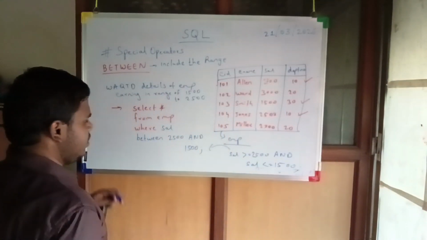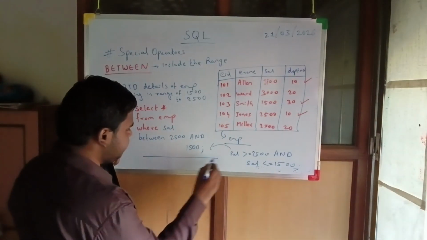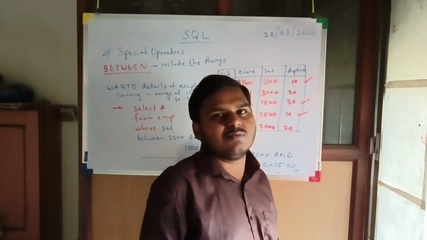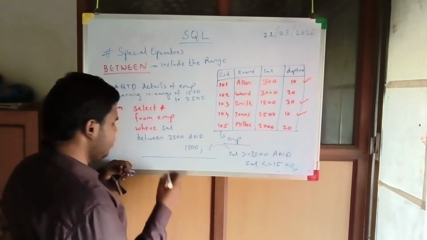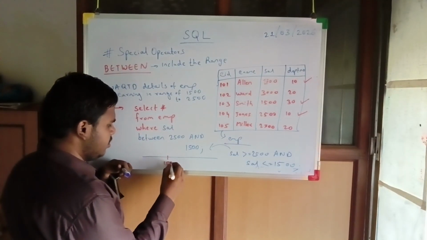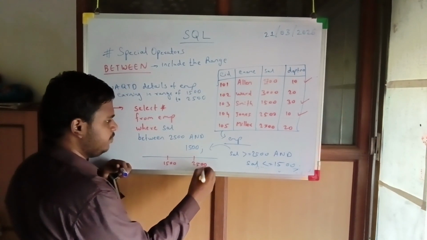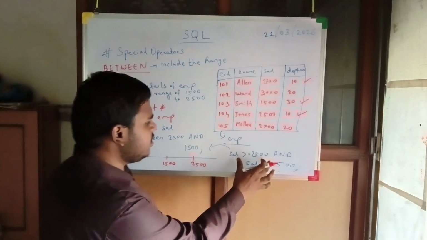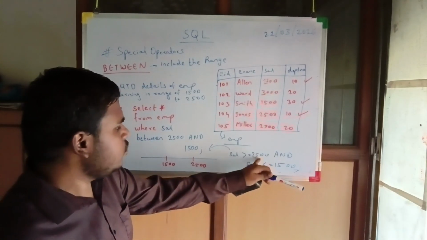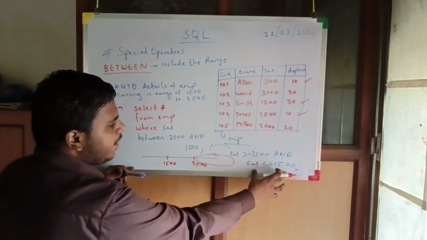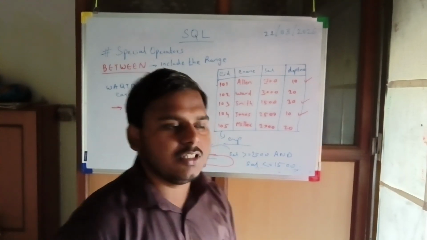How can you say that? See, take a number line. Let us assume 1500 is here and 2500 is here. Now what is the condition saying? Salary should be greater than 2500 is the first condition, and salary should be less than or equal to 1500.